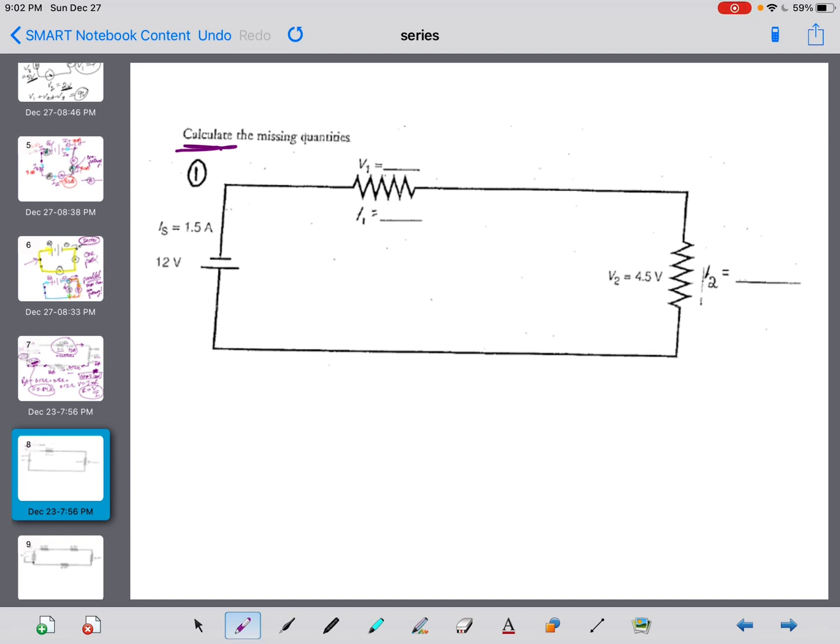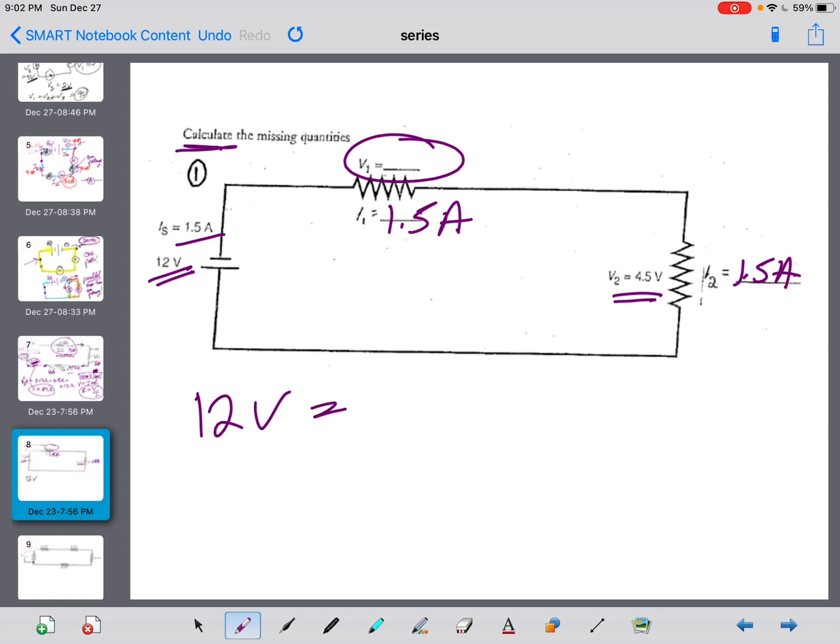Okay, so first off the bat, your current should be pretty easy at this point, right? 1.5 amps, as long as if you have one, basically you have them all. And we're missing one of the volts, but we have the source volt and we have volt number 2. So remember, 12 volts is going to be V1 plus V2, which is 4.5.